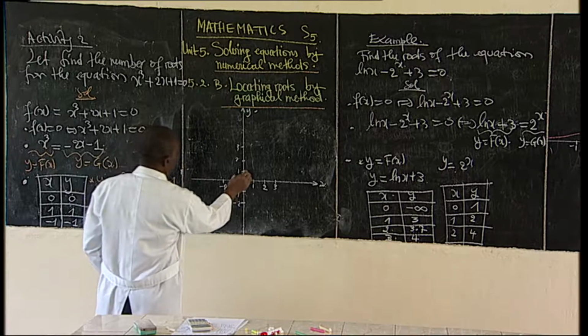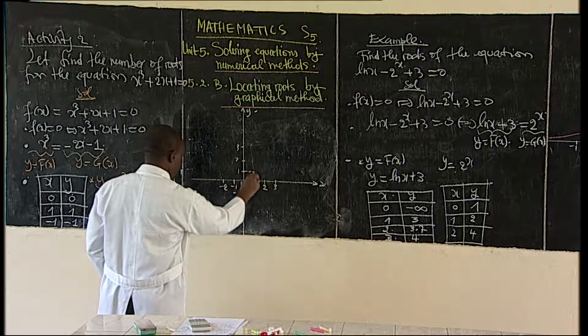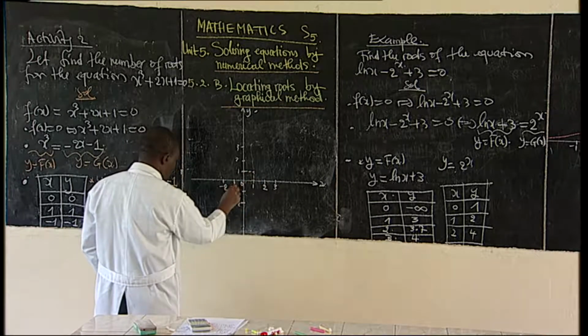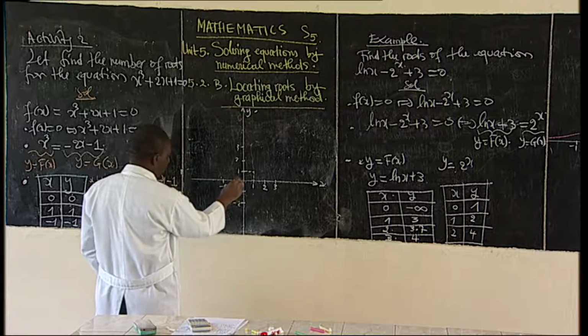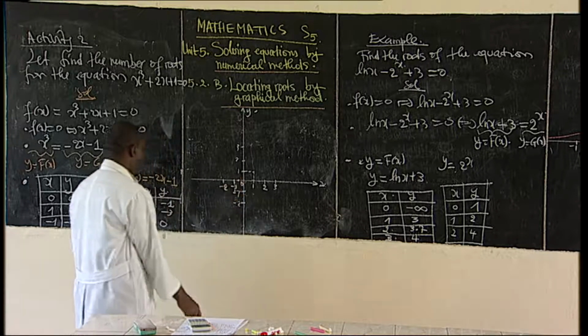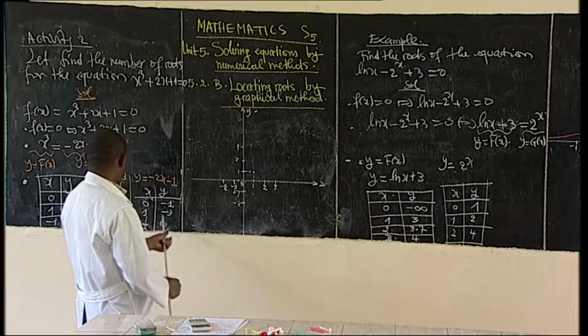We have the point 1 and 1, -1 and -1. -1/2 is there, and 0.